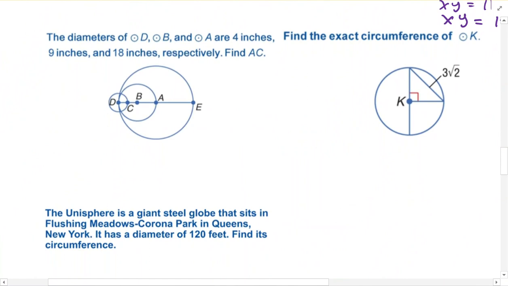So we're given the diameters of D, B, and A are 4 inches, 9 inches, and 18 inches. We want to find AC. So if I look at this, the diameter of circle B is 9 inches. So the length of AD is 9 inches.